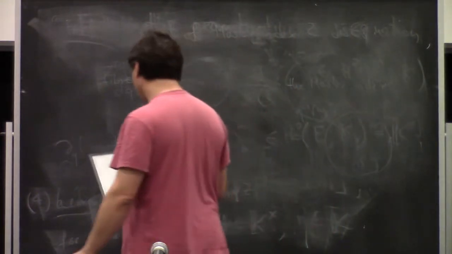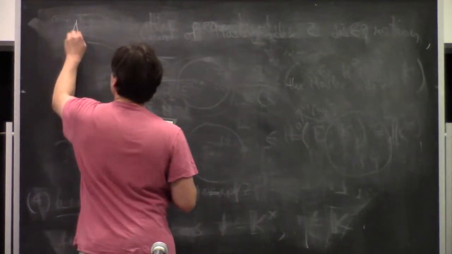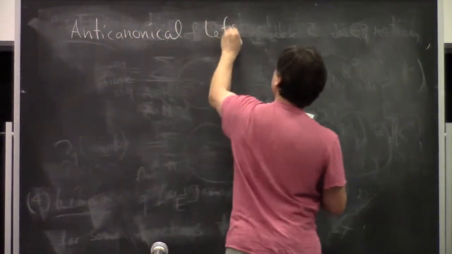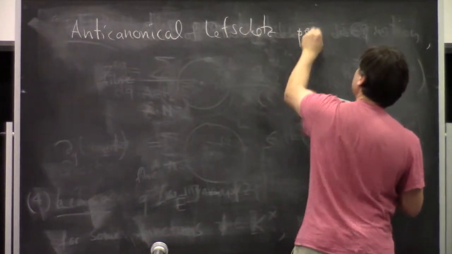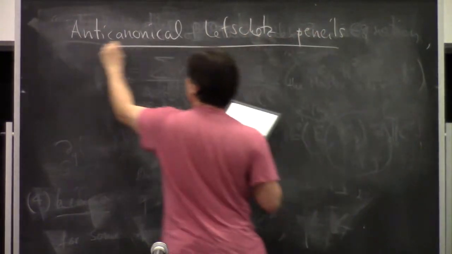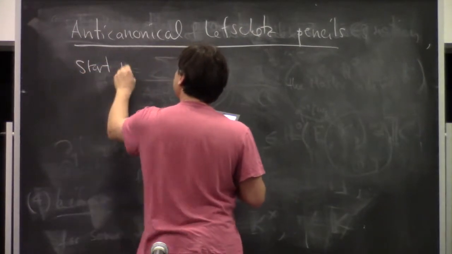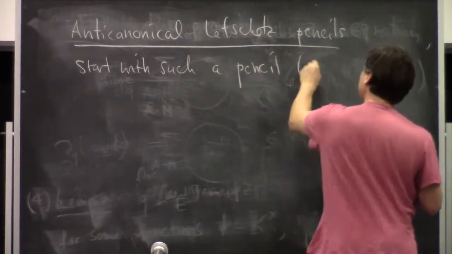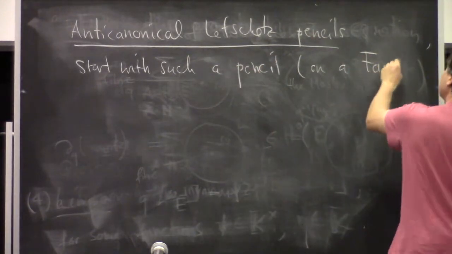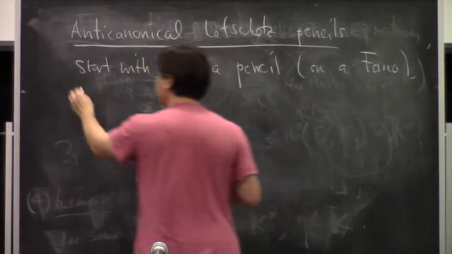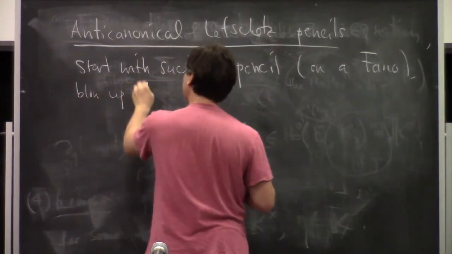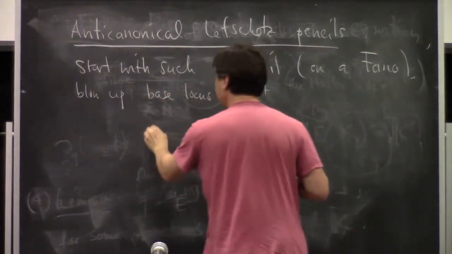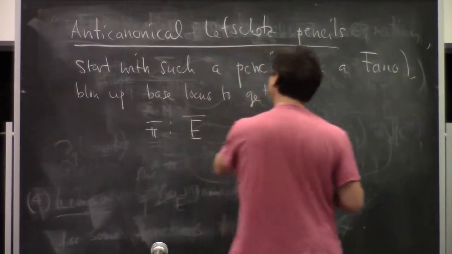So the general picture is that of anticanonical Lefschetz pencils. I start with such a pencil on a smooth Fano variety, and I blow up the base locus to get this guy here, which is called the graph of the pencil.